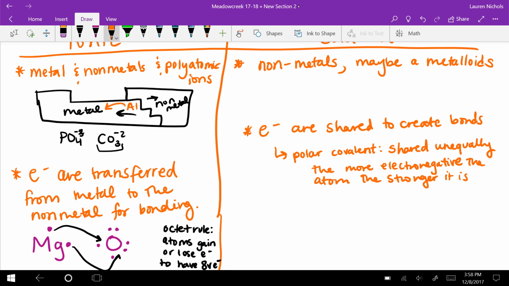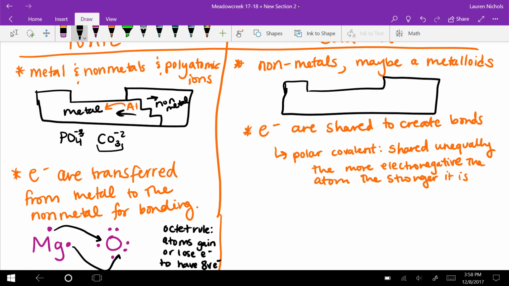So in terms of pulling the electrons towards one another, if I am looking again at my periodic table, which I'm going to draw over on top of it this time, if I have something like hydrogen and chlorine, hydrogen and chlorine are on opposite ends of the periodic table.